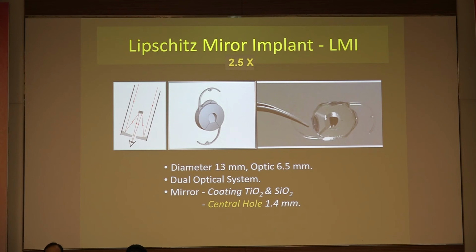This is called the Lipschitz mirror implant, which produces 2.5x magnification, and it uses the principle of the Cassegrain telescope. There's a tiny mirror in the implant, and that mirror magnifies the images. The beauty of this implant is that it is more or less like a regular implant.